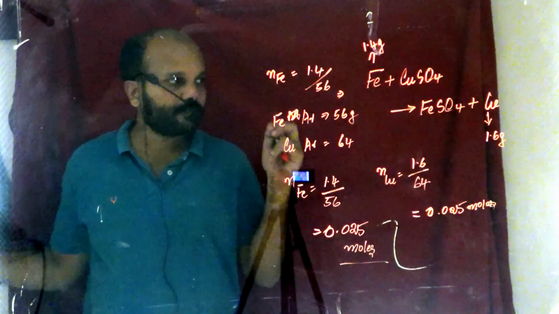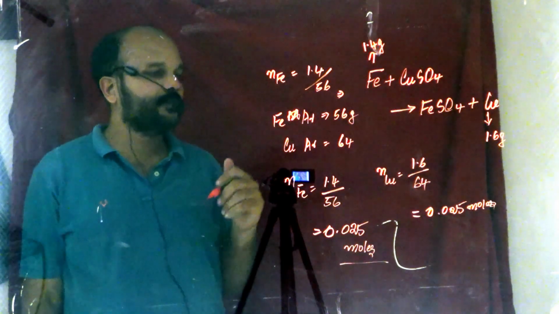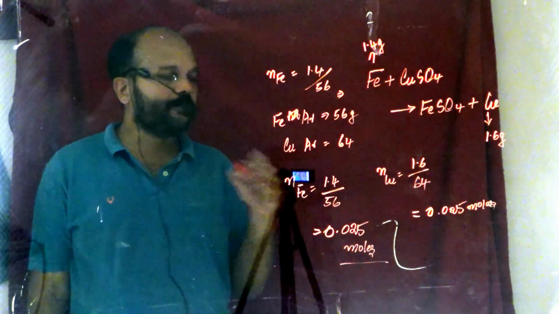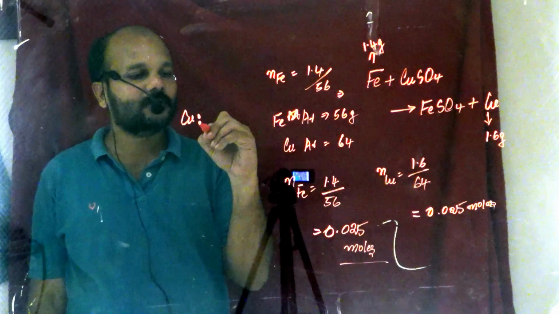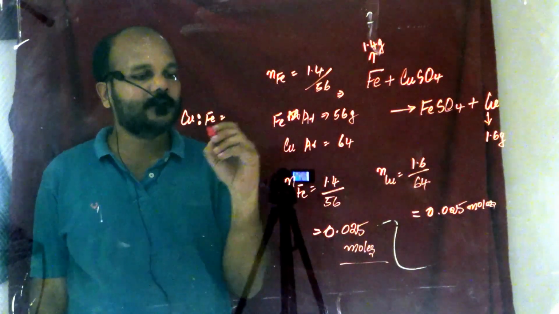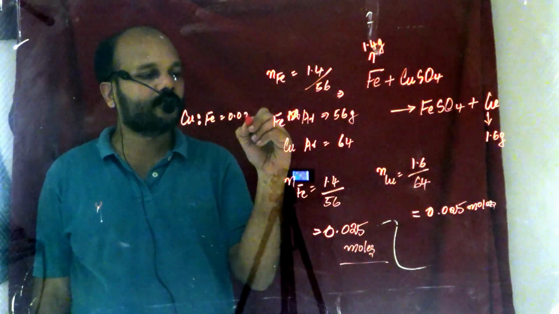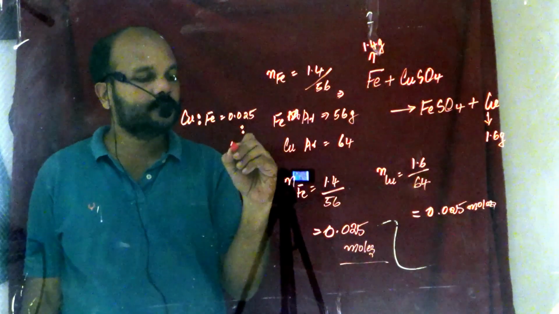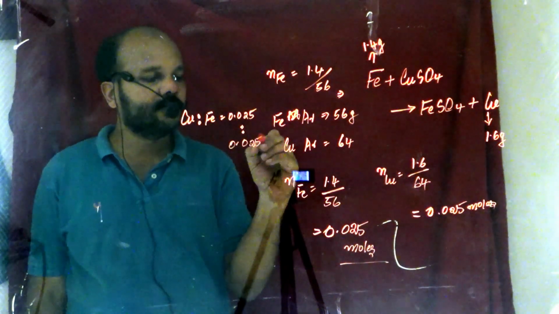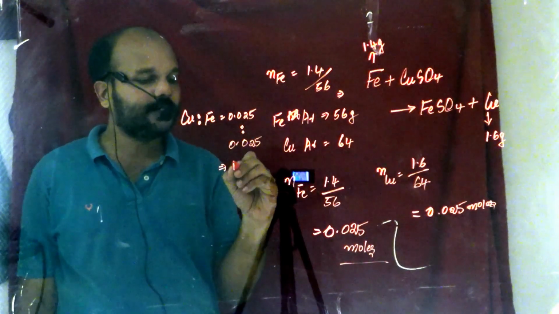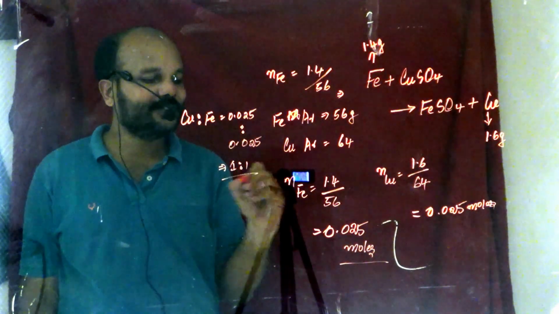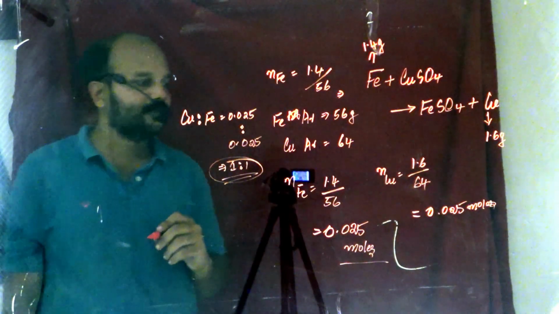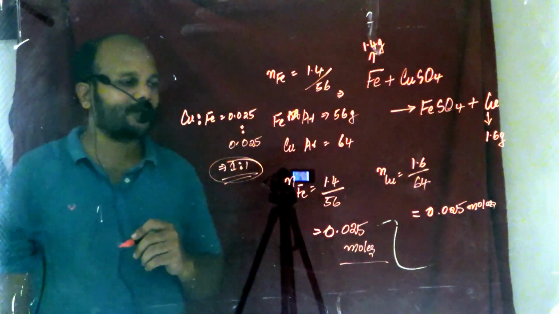Okay, so if I write the ratio, the ratio of copper to iron is actually 0.025 to 0.025. So this is actually a 1:1 ratio. Okay, so this ratio is nothing but a 1:1 ratio.